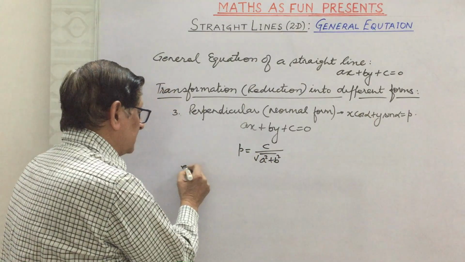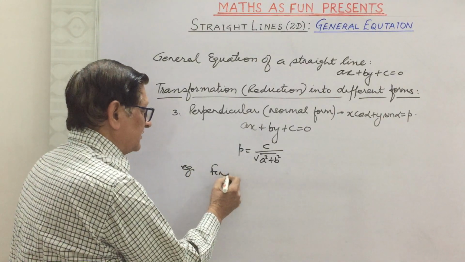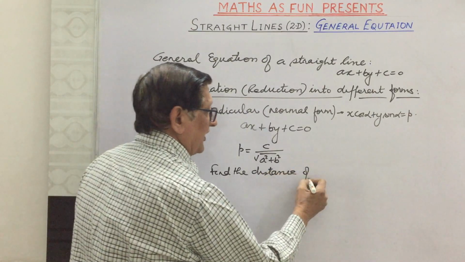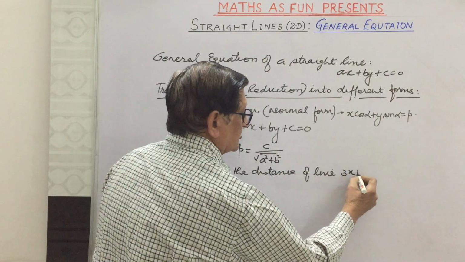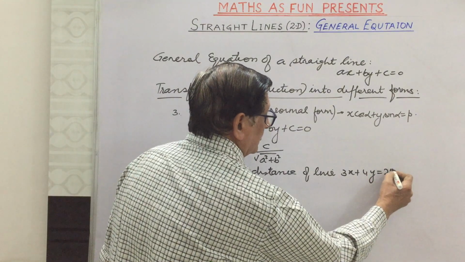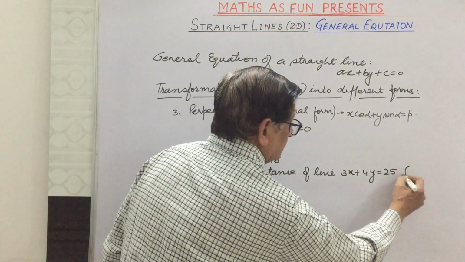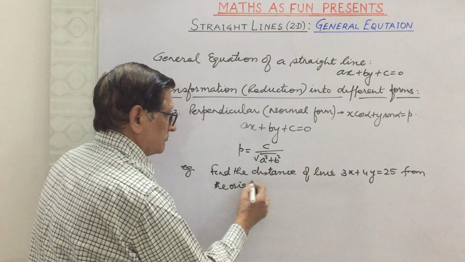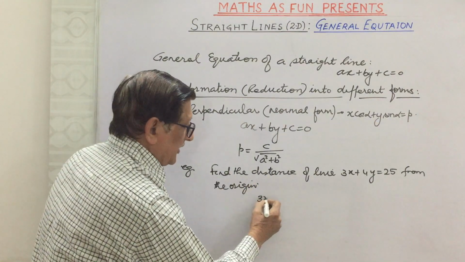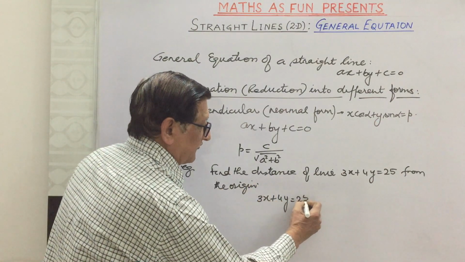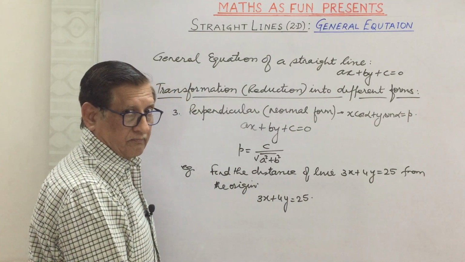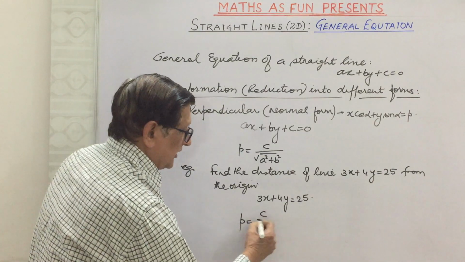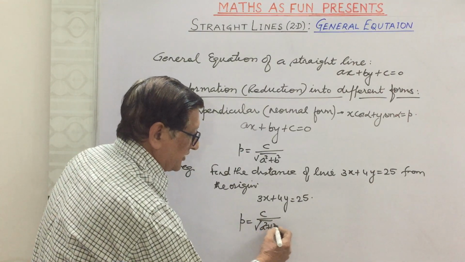Let's take one example. Suppose we are given a question, find the distance of line 3x plus 4y equal to 25 from the origin. Then we can see 3x plus 4y equal to 25 is the line, and we can see here the perpendicular distance p is c upon root of a square plus b square.